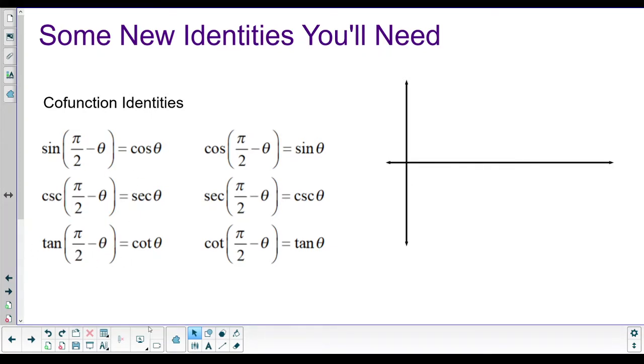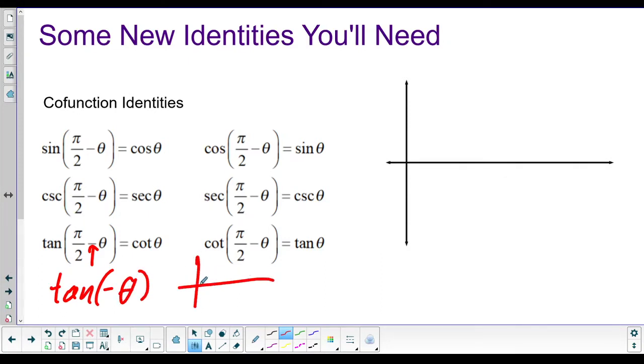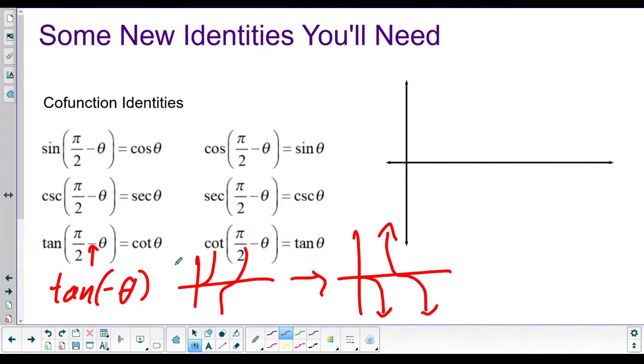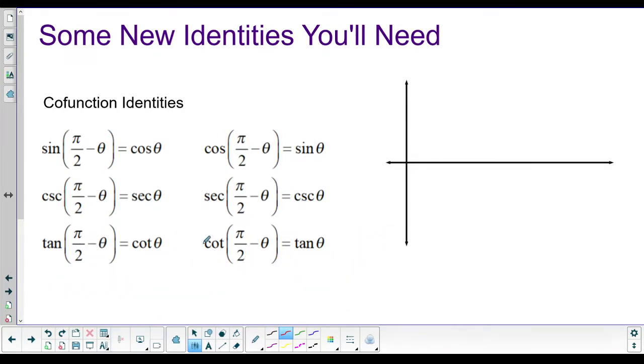With tangent, it's really important that the negative exists, because having tangent of negative theta takes your tangent graph and turns it from this into this. It just flips it upside down. It's actually flipping it left, right, but you know what I mean. You scoot it and flip it and it turns into that.